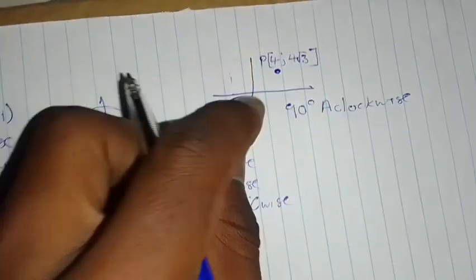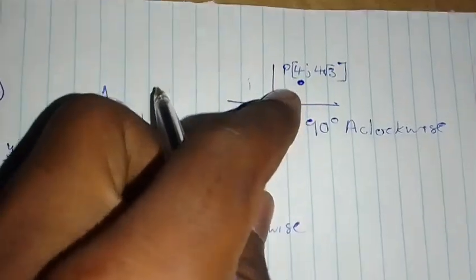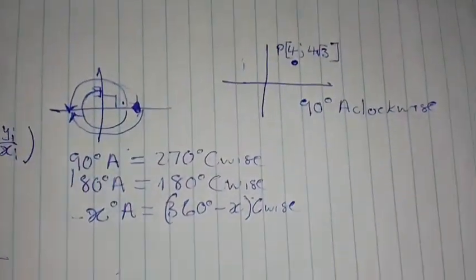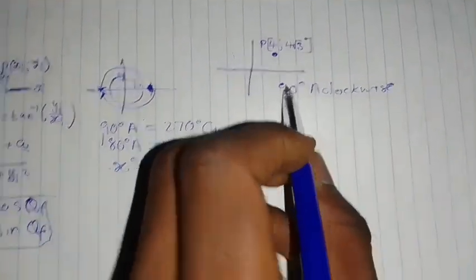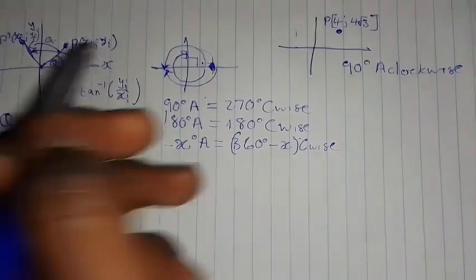Then rotate this point 90 degrees clockwise. Find the new coordinates of this point if it's rotated 90 degrees anti-clockwise. Now angles are measured anti-clockwise, so it's perfectly fine to have this.